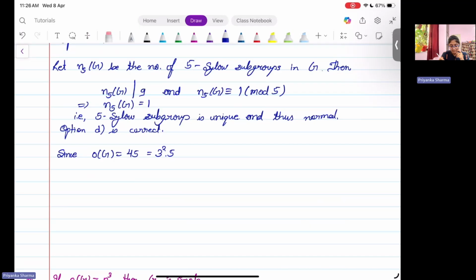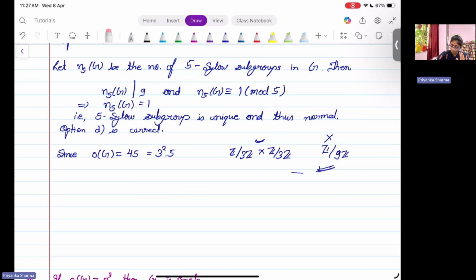So let's split it such that we can have the subgroup of order 9 isomorphic to Z/3Z × Z/3Z, not to Z/9Z, because in that case, we will always have an element of order 9. But the subgroup of order 9 can be isomorphic to this also, and in that case, we cannot have an element of order 9.